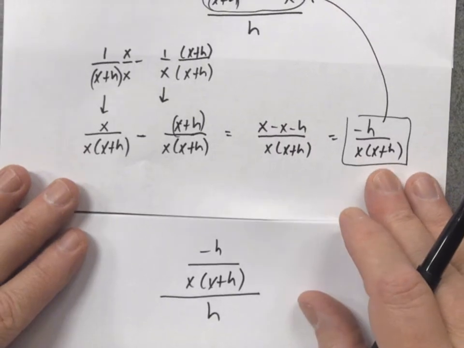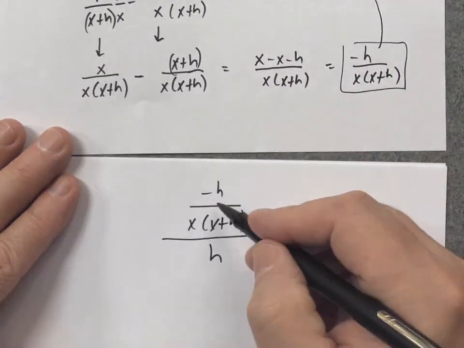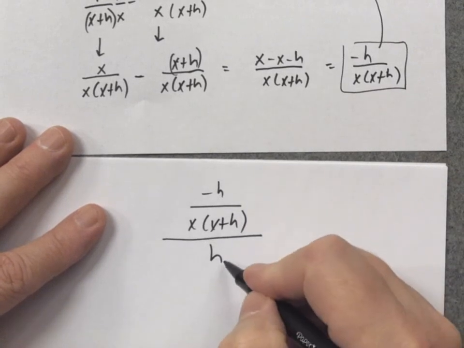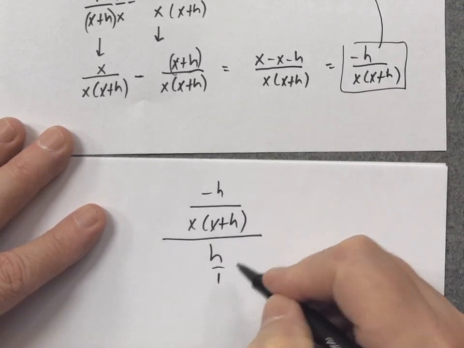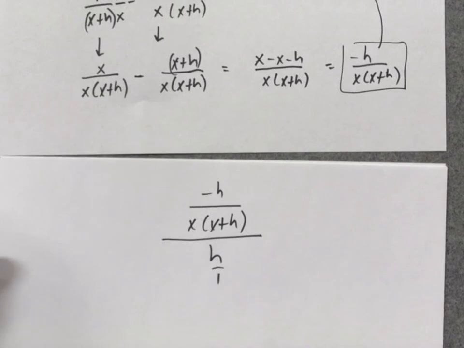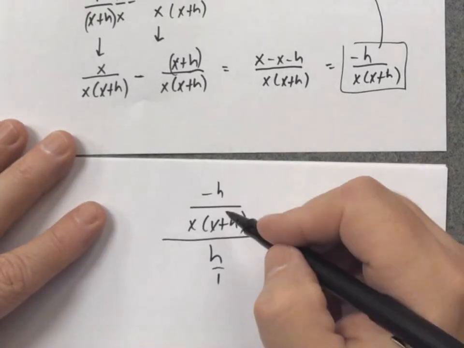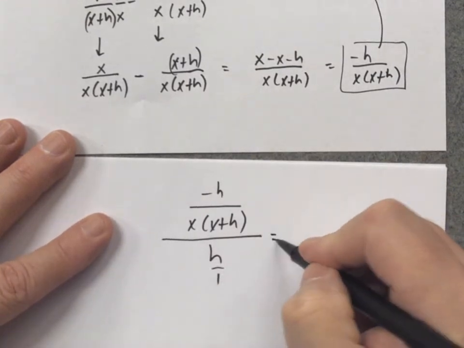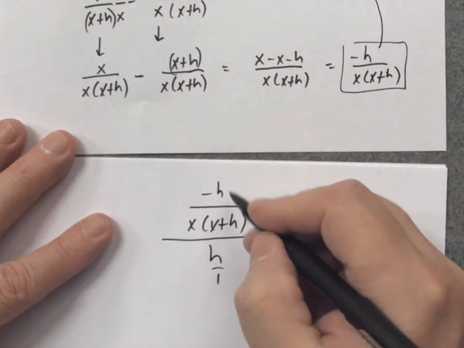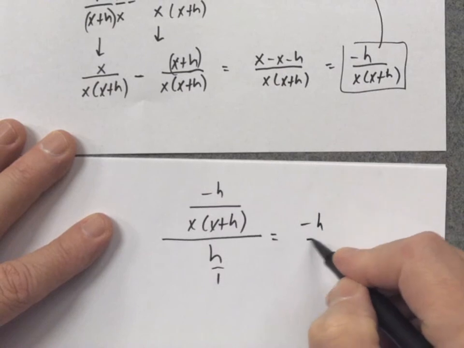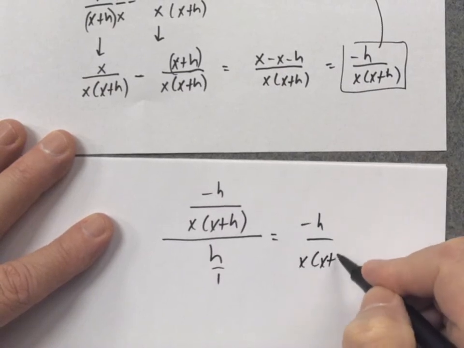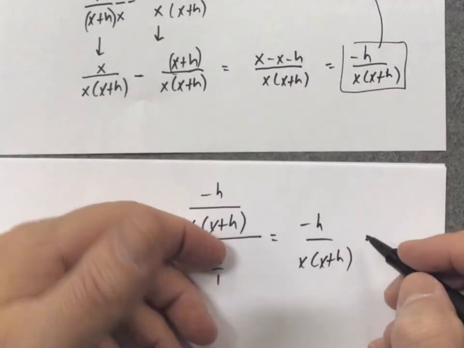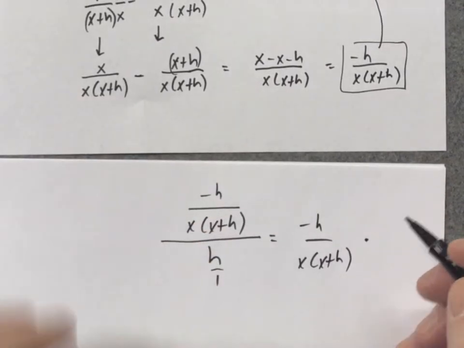Now we still have a complex fraction. However, I can simplify this. And the way you simplify this complex fraction is, in case you haven't done it for a while, this h I can think of as h over 1. So whenever you have a complex fraction, which means a fraction over a fraction, the shortcut way to do this is you write the top fraction and you multiply by the reciprocal of the bottom fraction.